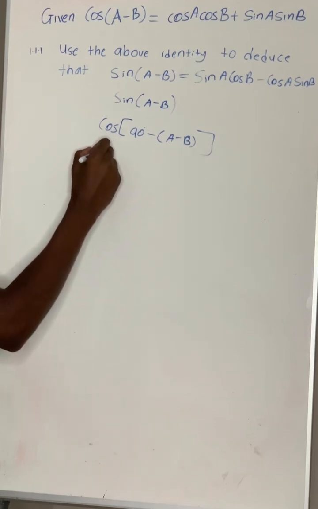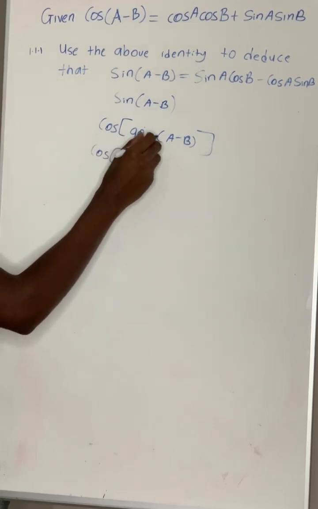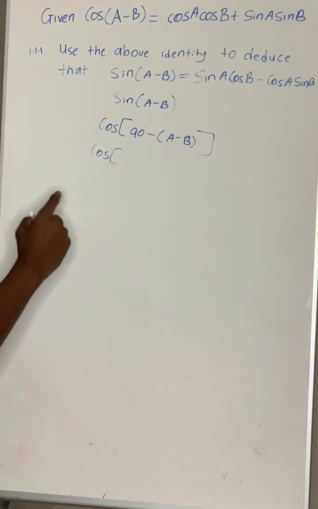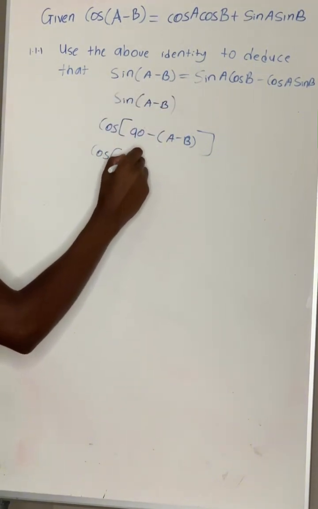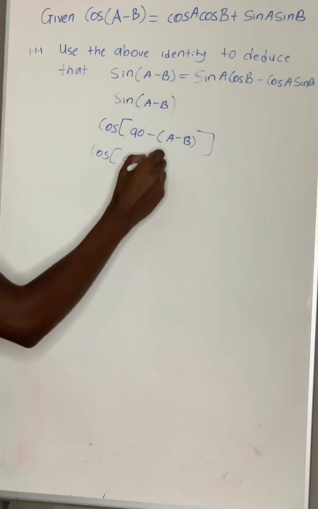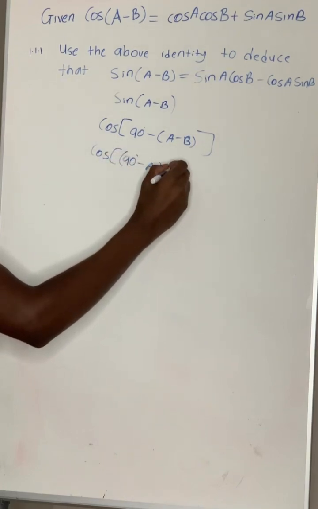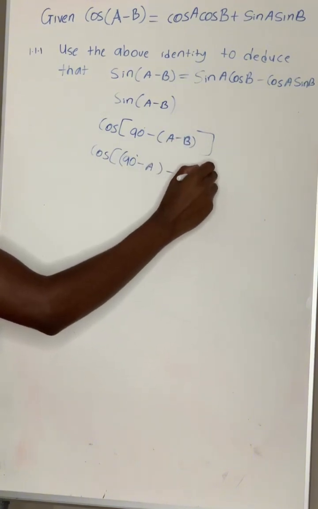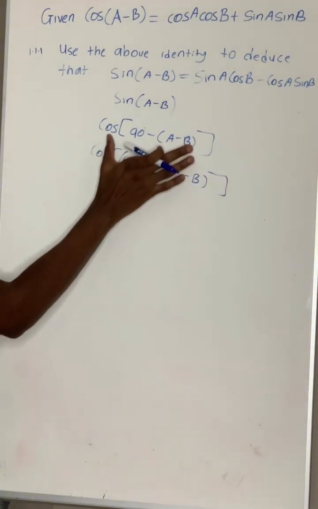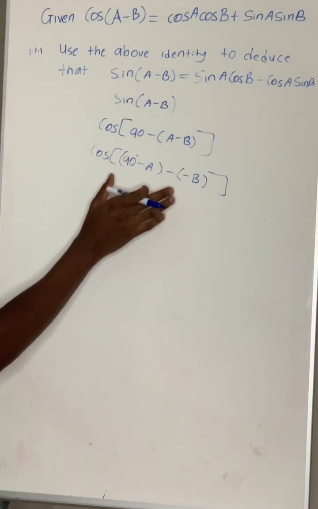Okay, from there we can then say cos of, let's rearrange this so it can help us in answering the question. So we can then say 90 minus A, group that, minus, in its own brackets, this negative B. It's still the same thing, it's just written in a different form, okay?